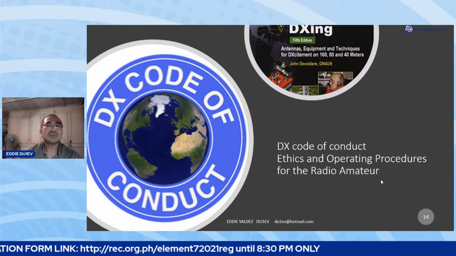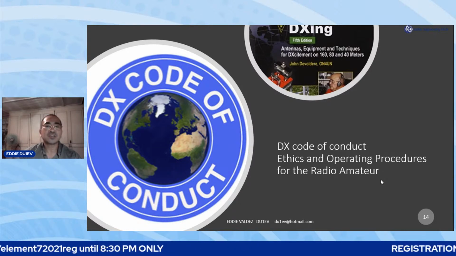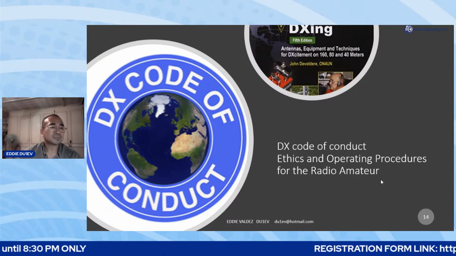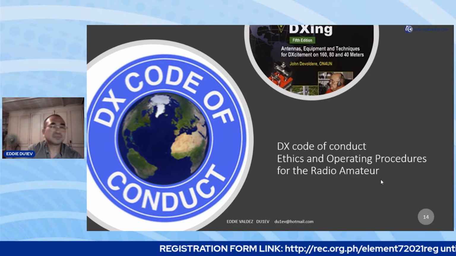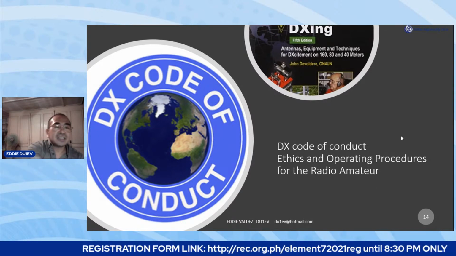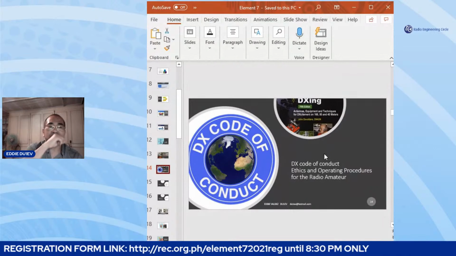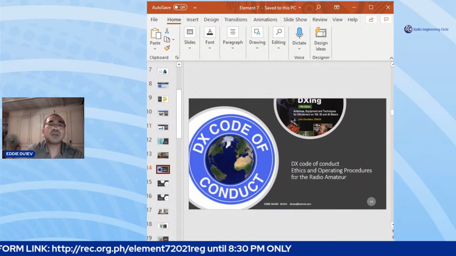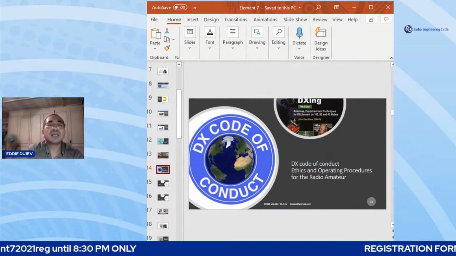So please use Google or your search engine to look for this DX Code of Conduct. Okay? Sige, sisilip lang ako dun sa chat para at least makapag-interact. Hello, DW1 SMU.